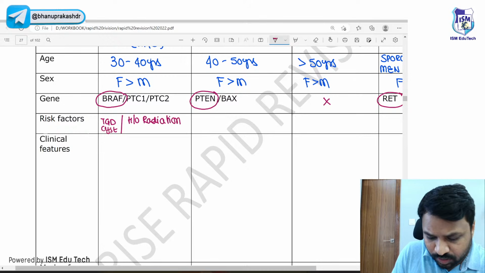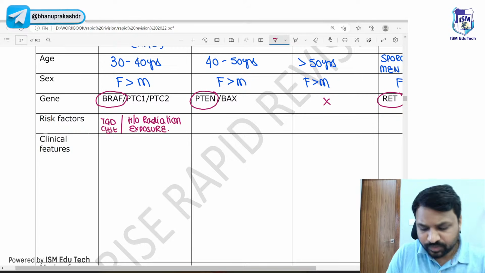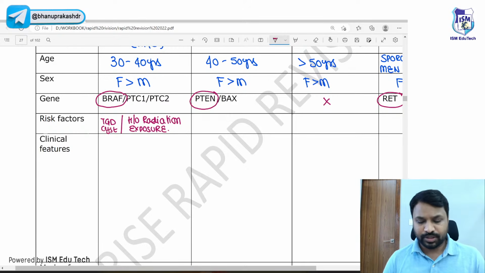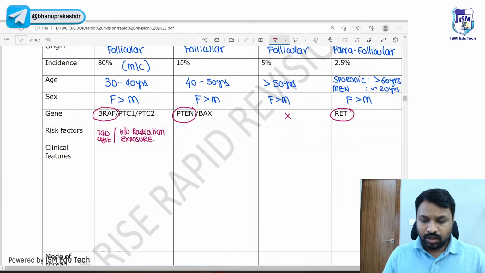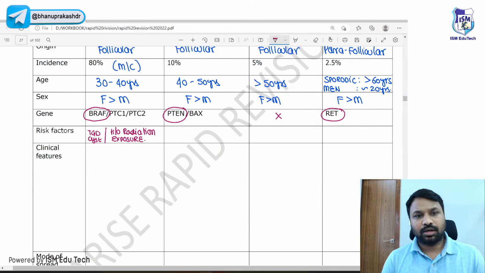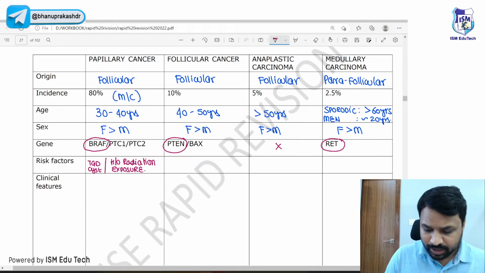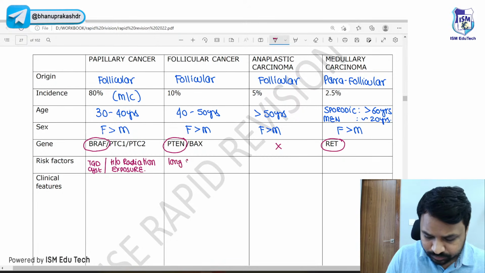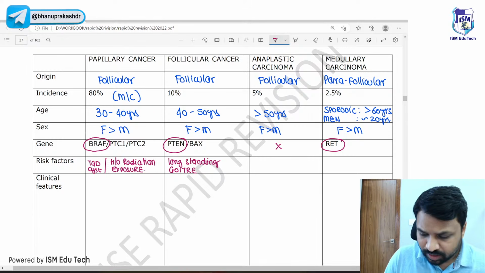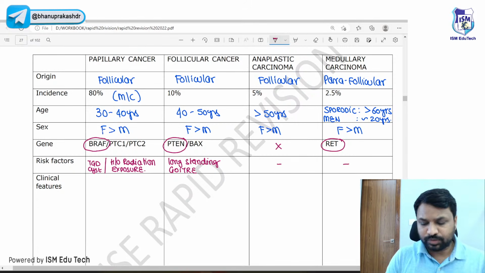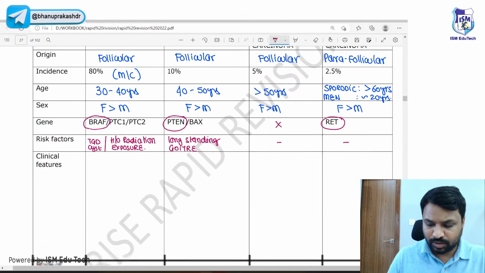On the other hand, when you talk about the follicular cancer thyroid, long-standing goiter is an important risk factor. There are no specific risk factors for these two. These are the important risk factors that we have spoken about, right?